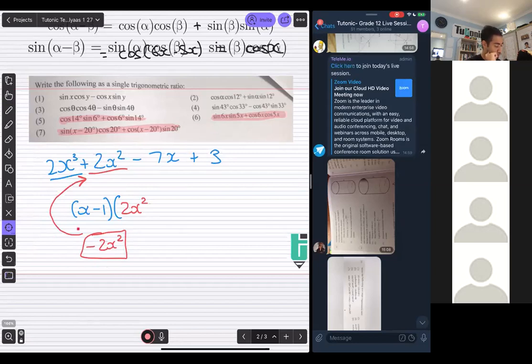You add 4. You have to add 4x squared to give you 2x squared. You guys agree? Yes. You've got minus 2, you add 4 to give you 2.